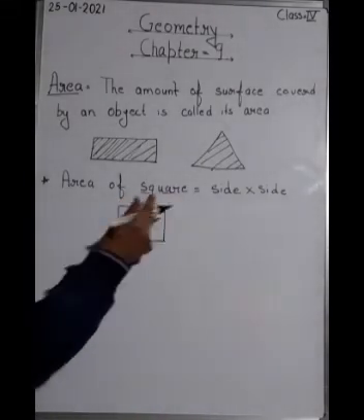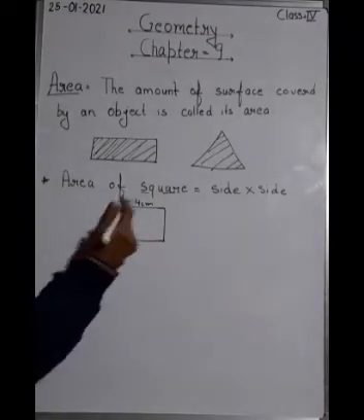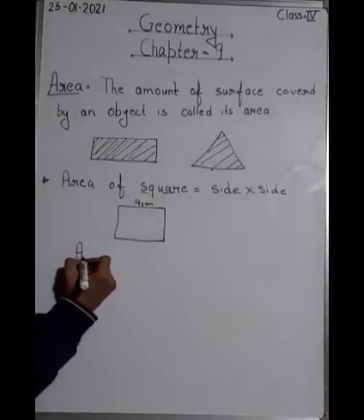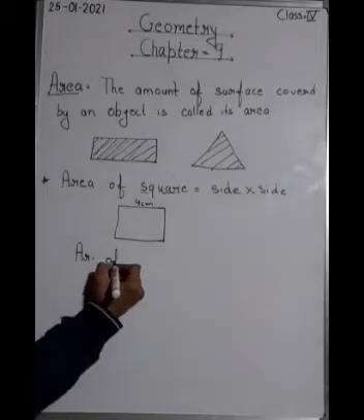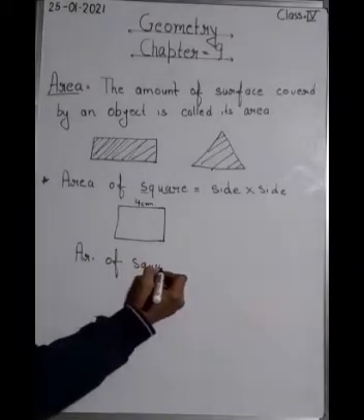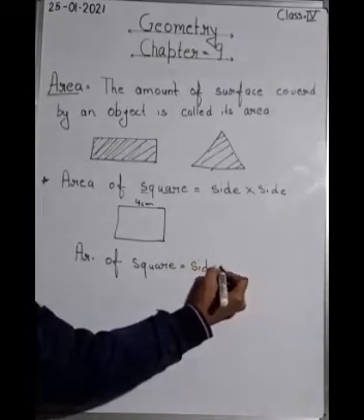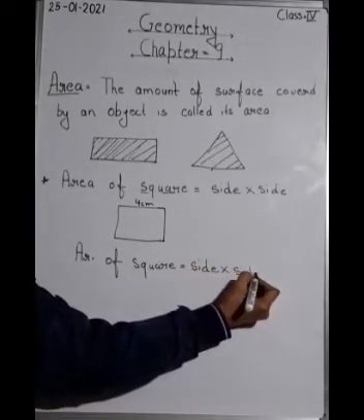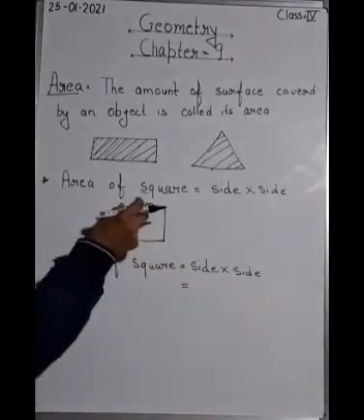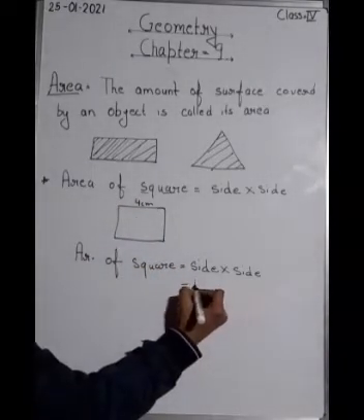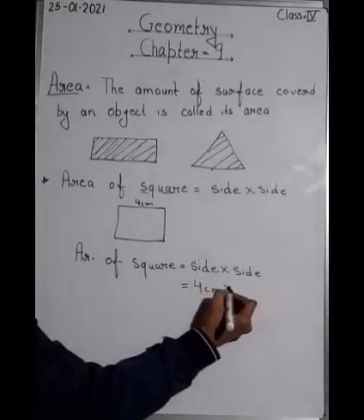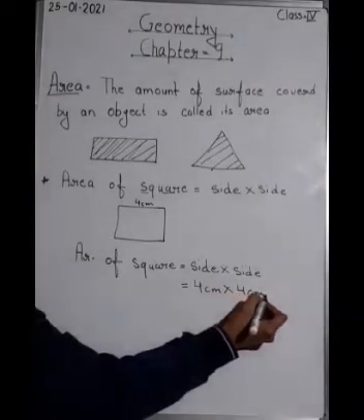As it is a square, all sides will be equal. So you have to find the area of the square. You will write area of square is equal to side into side. Now what is the side of your square? It is 4 centimeter. So you will write 4 centimeter into 4 centimeter.